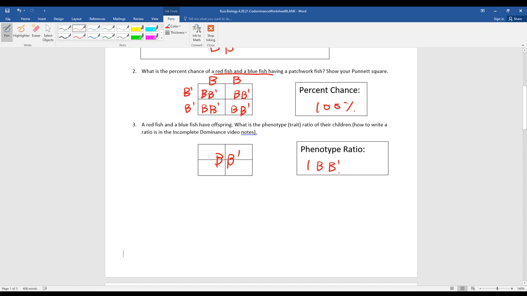We're just going to write it like that. The other options would be this and this, right? So one of these to 0 of these to 0 of these. I should have given you different parent traits to put in there.